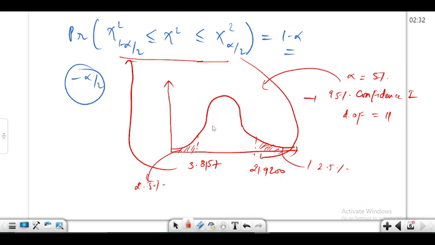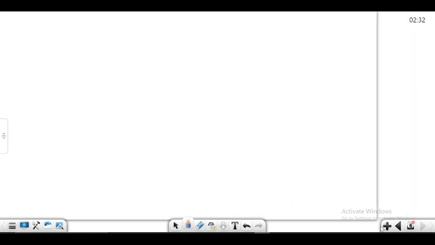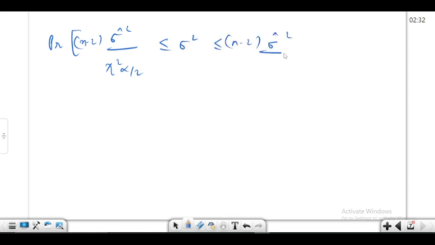If I rearrange this entire thing just like the way I had done for the t value, something of this sort will come up: the probability that n minus 2 sigma hat square upon chi square alpha by 2 is less than sigma square, which is less than n minus 2 sigma hat square upon chi square 1 minus alpha by 2, has a 1 minus alpha probability.